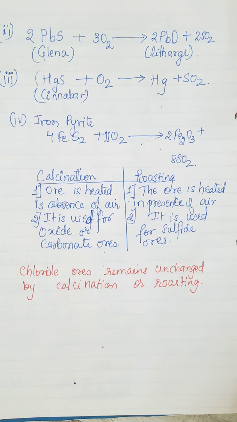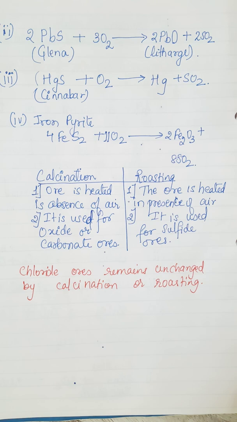So after this there will be the process of extraction, and that is also not too lengthy, okay. We'll see some reducing agents and some examples, and after that we'll go through the refining process. So there will be electrolytic reduction and other reduction processes.